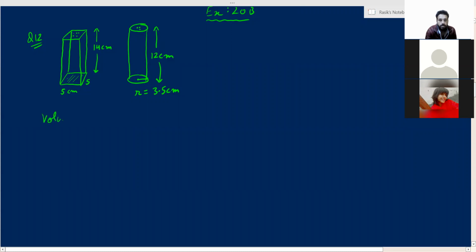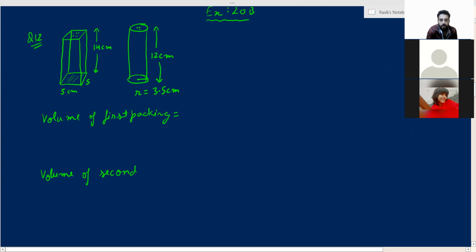Find the volume of first packing. Calculate it. Then find the volume of second packing. Everything is given in the question. The first packing is a cuboid.